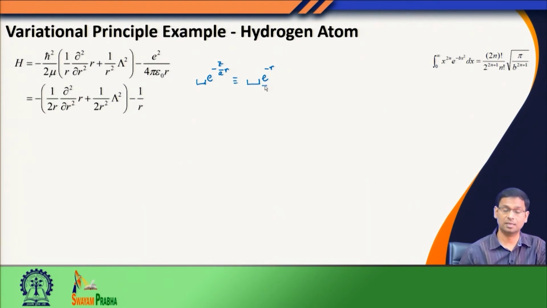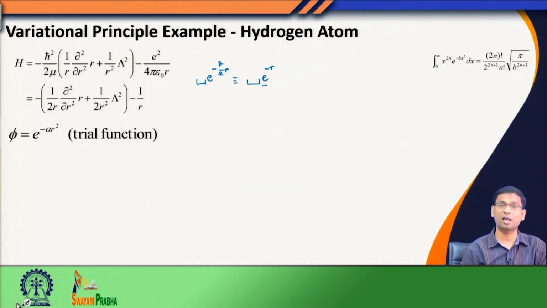So, this I know, but what I would do now is take a trial function. Suppose I do not know that this function is e to the power minus r, rather I will consider it as e to the power minus alpha r square. So, you see that I am changing the functional form. Instead of an exponent of minus r, I am considering it as minus alpha r square.